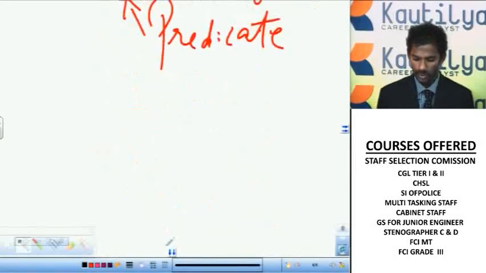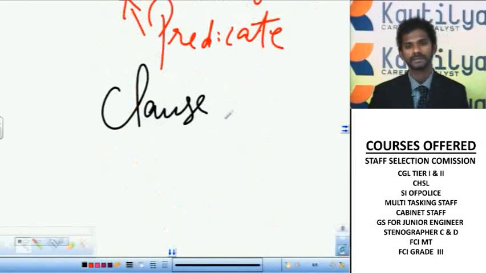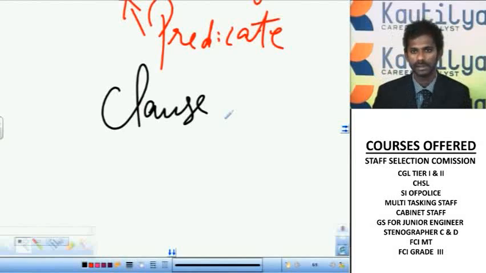Now come to a clause. A sentence will contain at least one clause. There will be at least one clause in each and every sentence. There may be two or three sometimes, but there will be at least one.